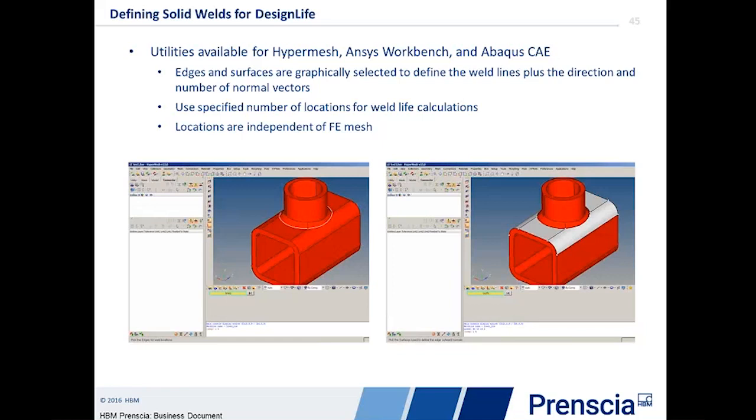It's this file that's used in the solid weld calculation, and it's also this file that's used for that hotspot stress recovery that I talked about when we were looking at using weld design codes. So basically, we just go in and literally pick off the geometry inside of HyperMesh, Abaqus or Workbench, select curves and surfaces, and then specify how many locations we want to analyze around that path.